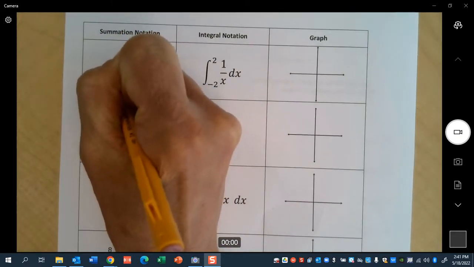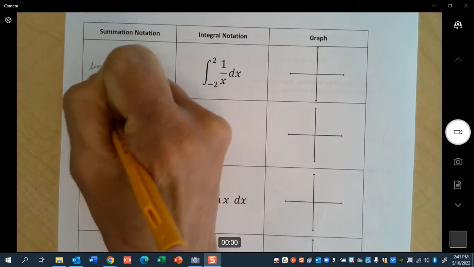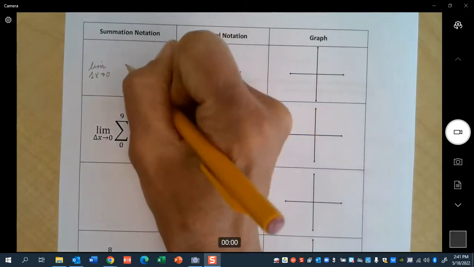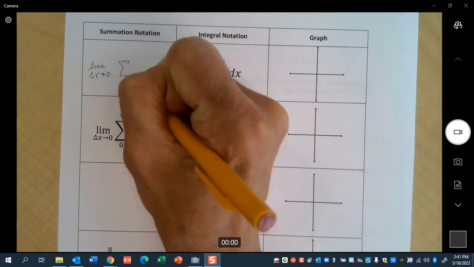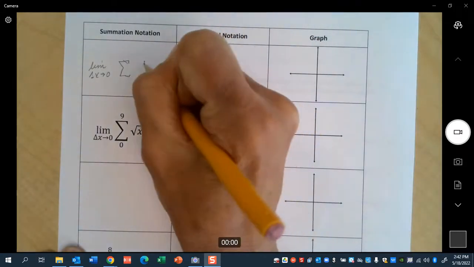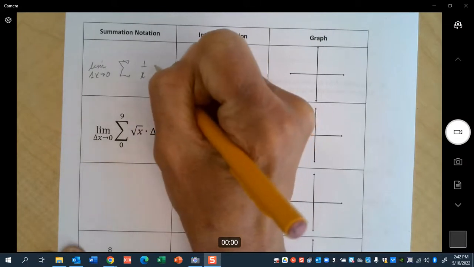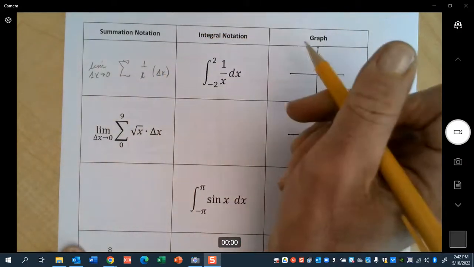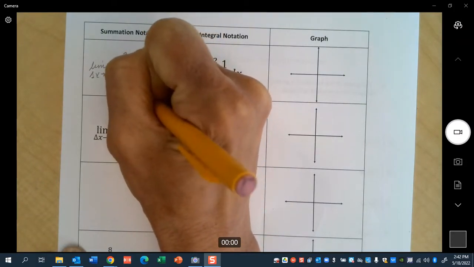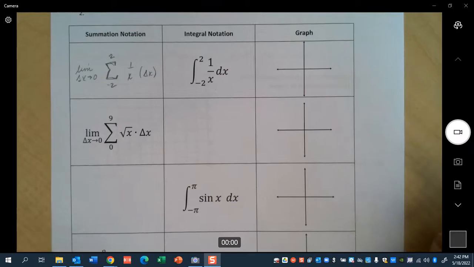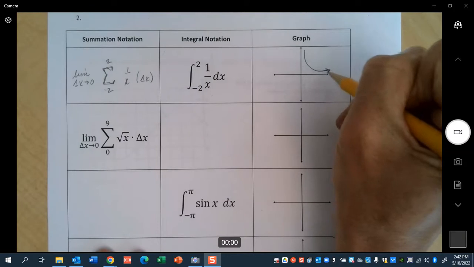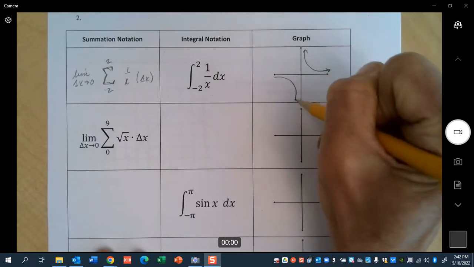This came directly from a homework that you did, because we wanted you to recognize that limit notation is what led to our conversation of the integrals. So I'm taking the sum of all of the values of this function and multiplying by that change of x from -2 to 2. This is why we went back and reviewed that function family graph. You know that 1 over x is a graph that looks like this.